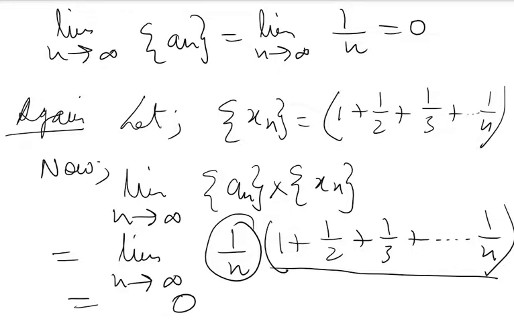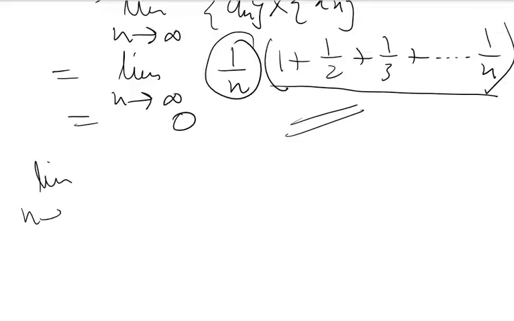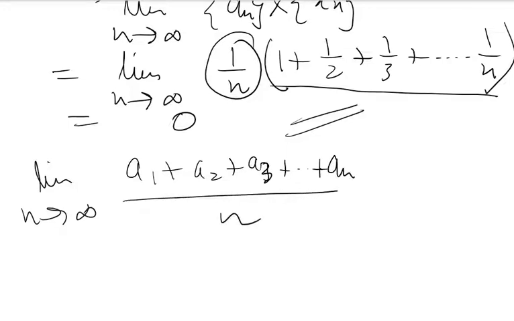So you can see, even for this part you can also do this: limit n tends to infinity a_1 plus a_2 plus a_3 plus dot dot dot a_n divided by n is equal to 0.